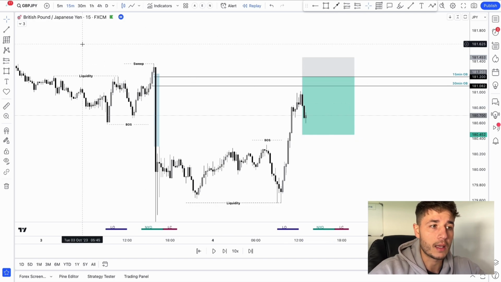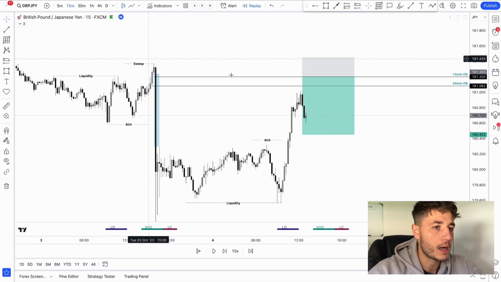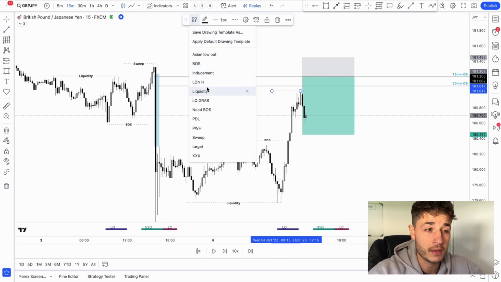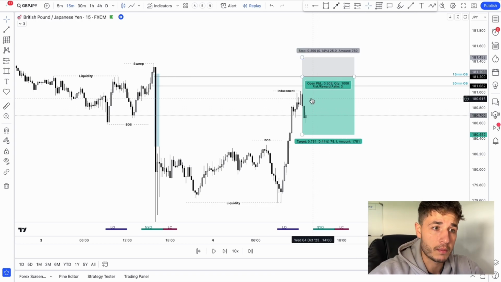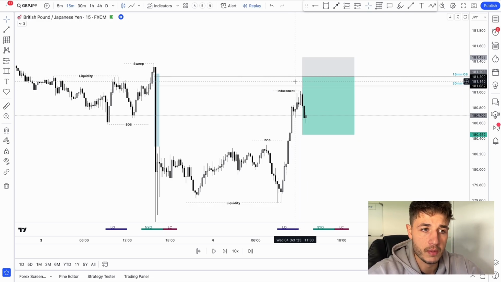Inducement is a smart money trap, which means that price is going to stop below the entry or above the entry, whatever the case may be, and trap the people in, those people that are impatient enough to just throw themselves into the market when trading manually. It's called inducement because they are entering into the sells there with stop losses just above.